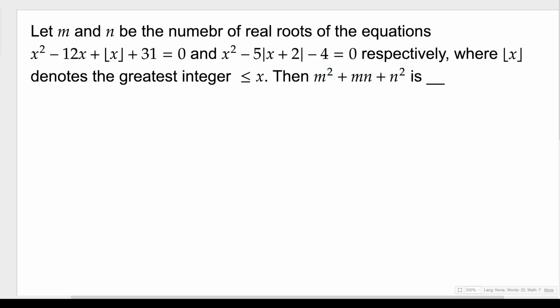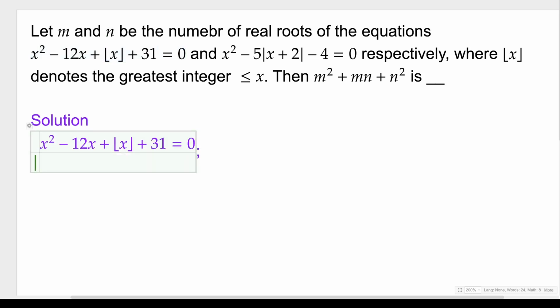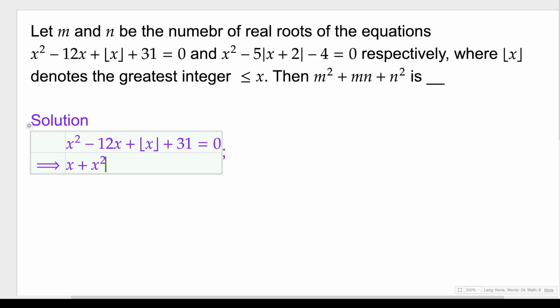So now we'll go towards the solution part. First of all, this is the given equation, so with this given equation I'll proceed ahead. This can be written as x + x² − 12x + 31.